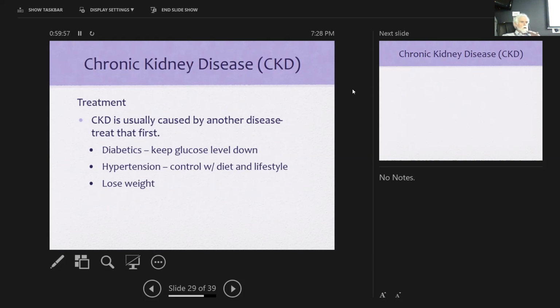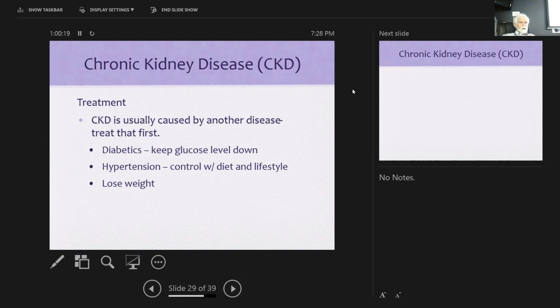Diabetics are more prone to chronic kidney disease because the sugar is hard for the kidneys to clear, hard for them to filter out. Hypertension is another problem that can lead to kidney disease.